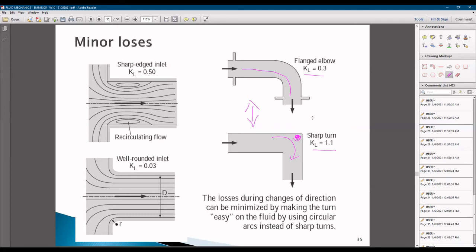Okay. Similarly, if you compare this part here and this part, this is very sharp, right? And this one is more curved. It has some curve. So the value for the curved one is lower than this one, because here it allows the flow to enter this region much smoother, without creating this recirculating flow, like this one.